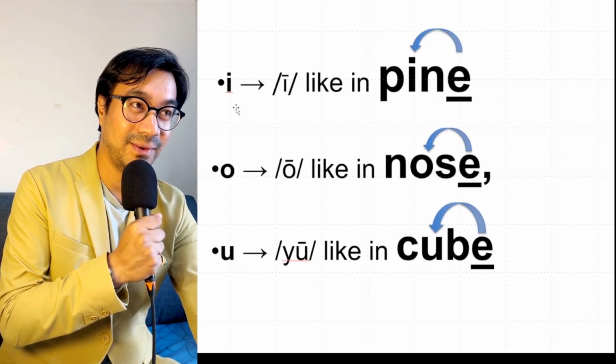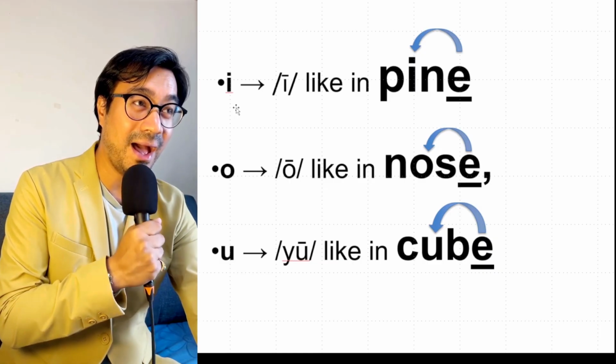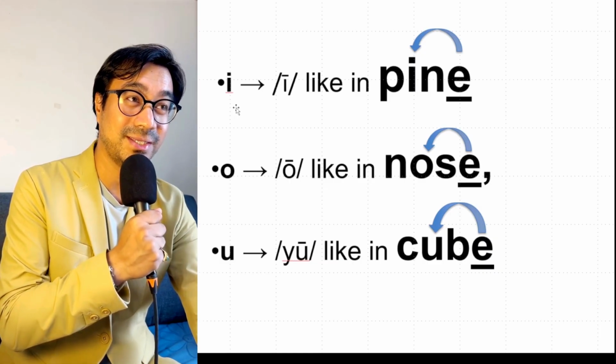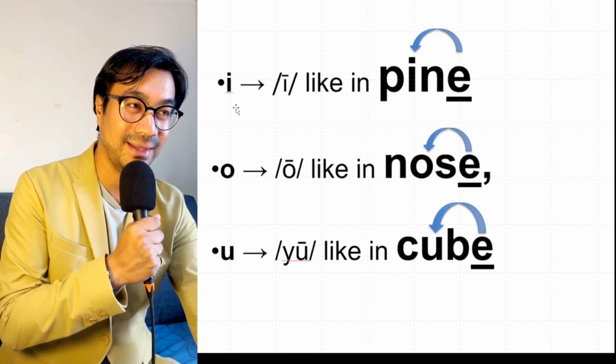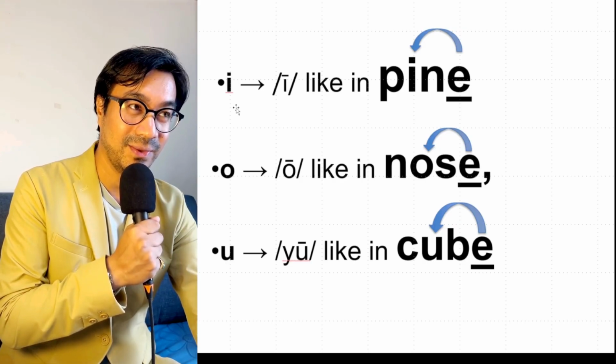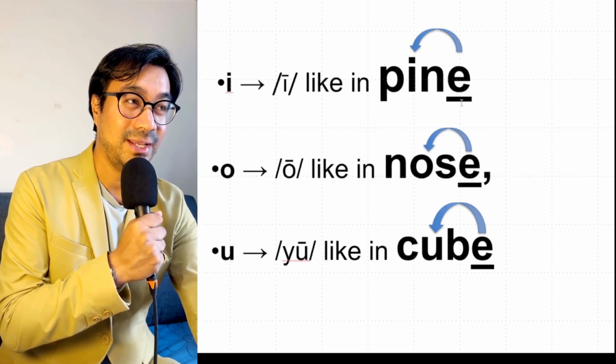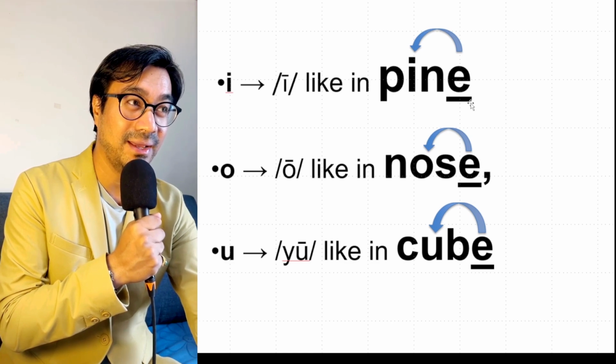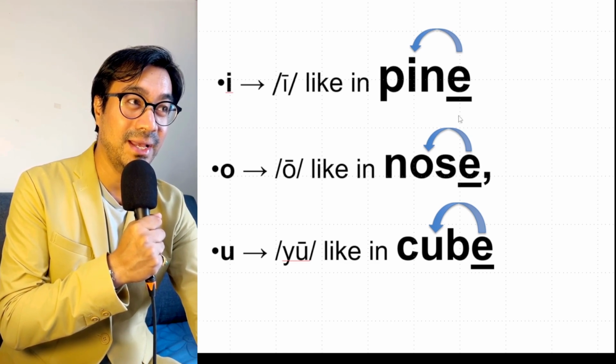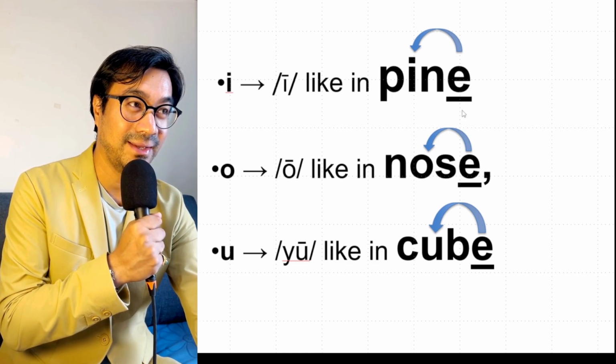So let's see one more example. I. What's the long vowel? I. And what's the short vowel? I. So here's the E at the end, and this E will be silent.